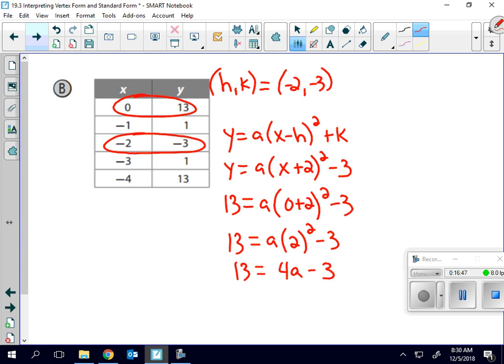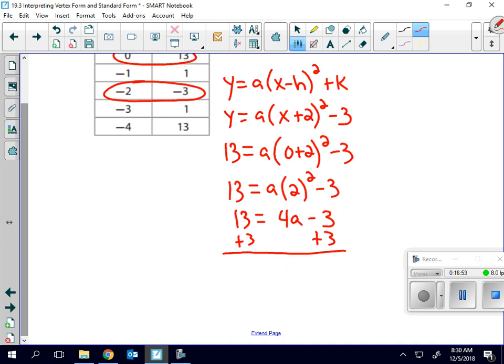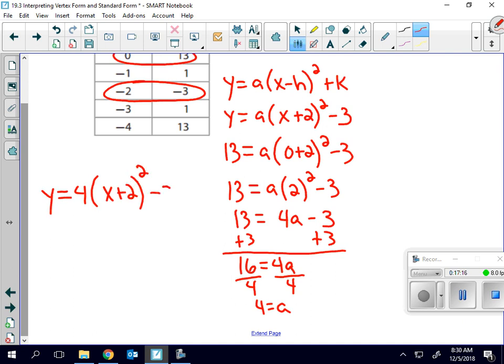And then just solve for a. Once you have your a, you know what your equation is going to be. You have y equals, the a is 4, times (x minus h), which comes out to be (x plus 2) squared, plus k, which is -3.